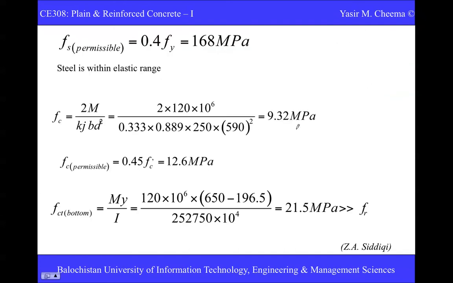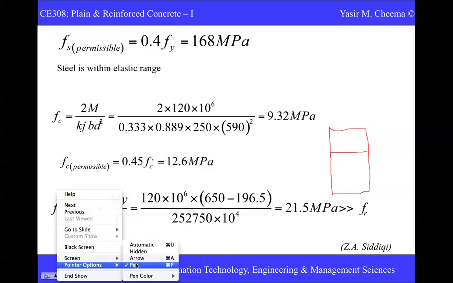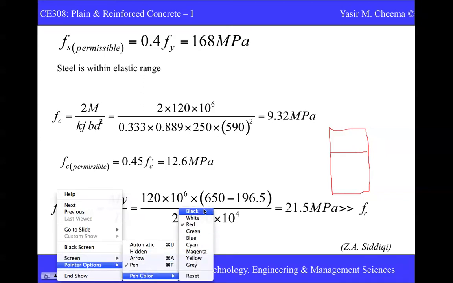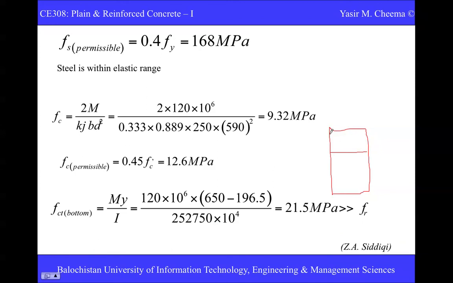For this section, this is the bending moment applied, because this 650 minus 196 is... maybe you are confused about this, so I can draw it again. This is one section here, and I will change the color to make it very clear for you. You see this section was uncracked.